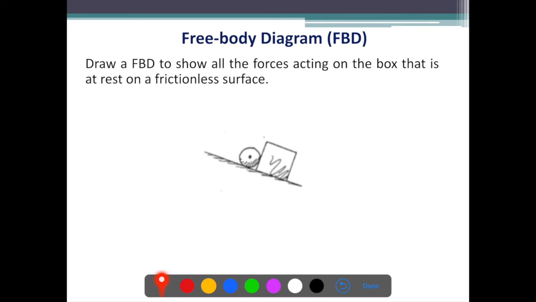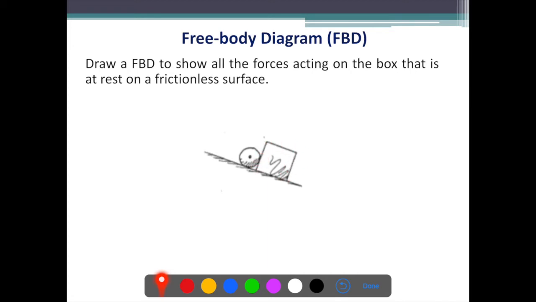Right, so let's look at this example to sort of see how a free body diagram is drawn. I have here a stone or a rock that's sitting on this inclined surface, and it's also against this square block.